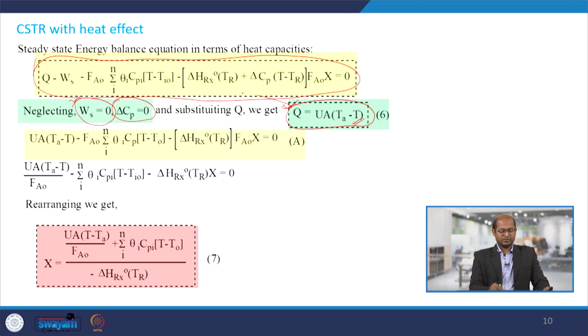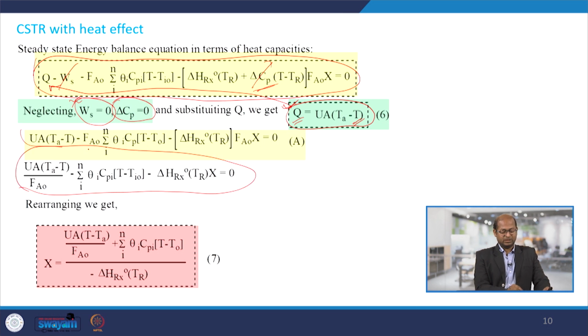If we do not eliminate delta Cp, then we have to put it here, and only shaft work, Ws equals 0, we can put. So, after putting Q equals U A (Ta minus T), we can write the equation this way.